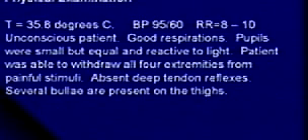We have a 35, the temperature is 35.8 degrees, slightly hypotensive, respiratory rate of 8 to 10. Unconscious patient with good respiration, pupils were small but equal and reactive to light, and patient was able to withdraw all four extremities from painful stimuli.